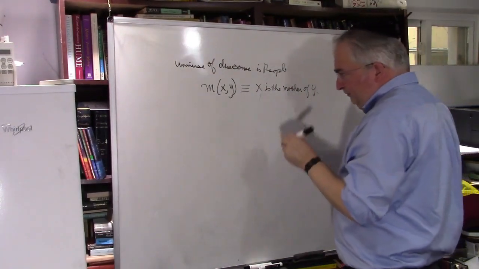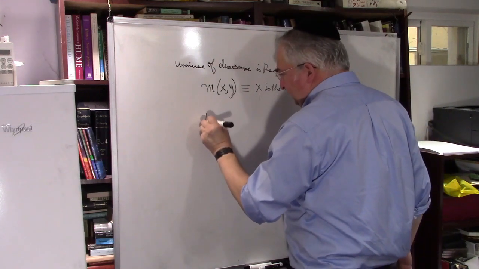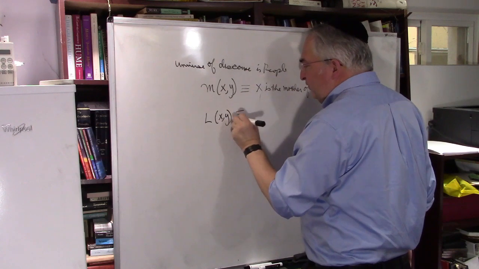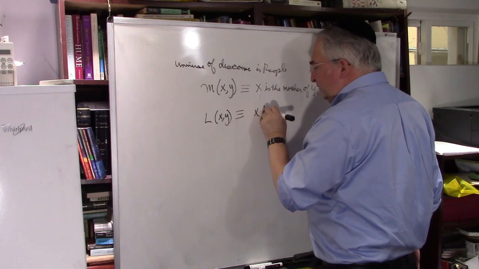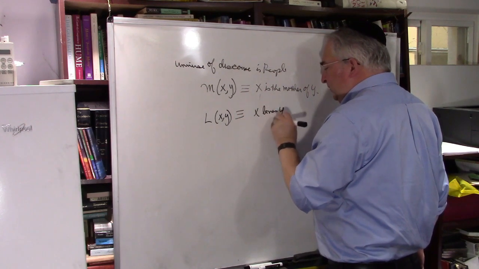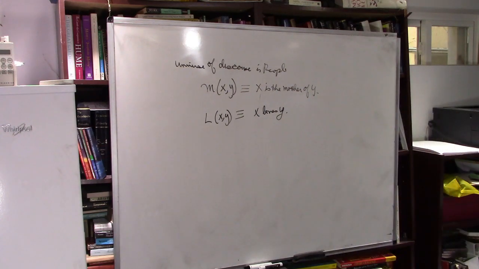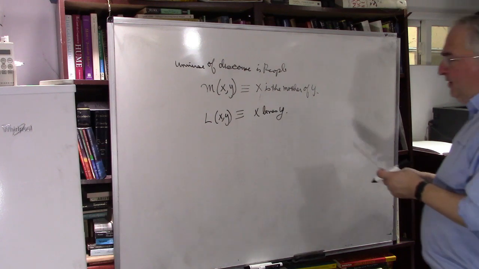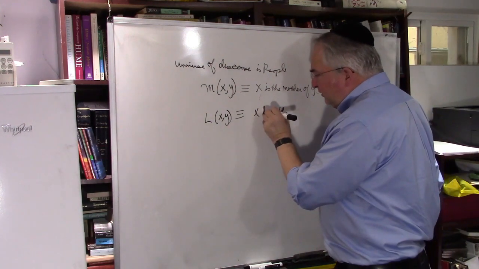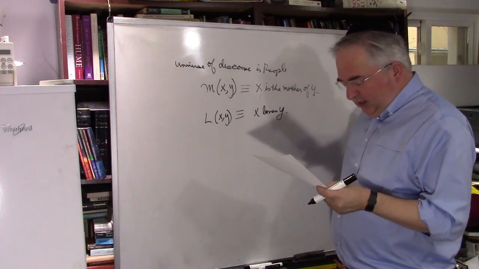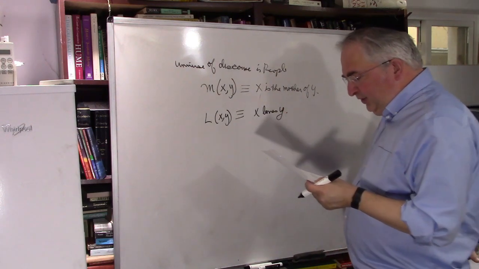We do another example. L(x, y), which stands for x loves y. Okay? And what we're going to do today is spend a lot of time writing formulas about such things, and also about math and stuff like this.